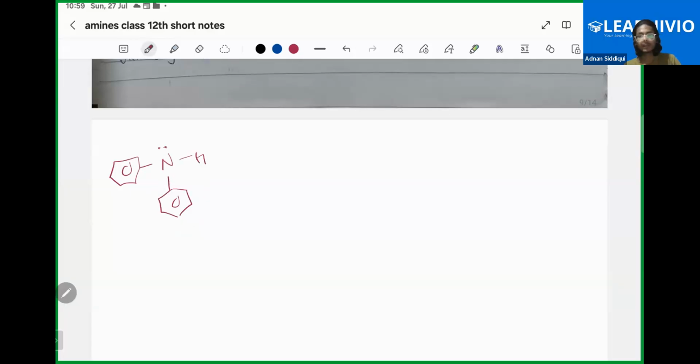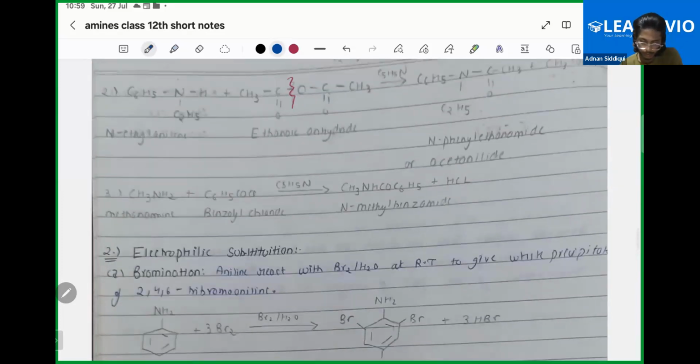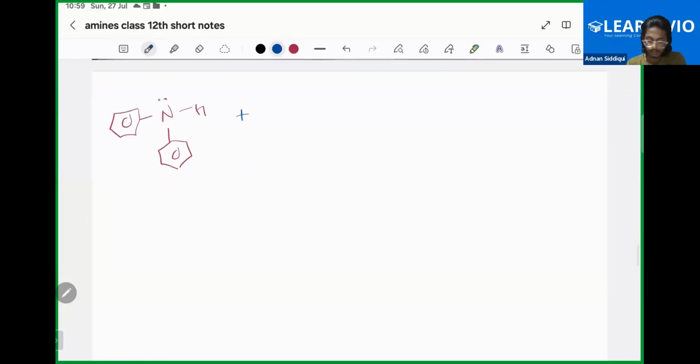Aromatic amine, not aliphatic. Suppose you had something like this, then it is aliphatic, but it is aromatic. Now we are going to react it with an anhydride. Suppose which anhydride should we take? This one.